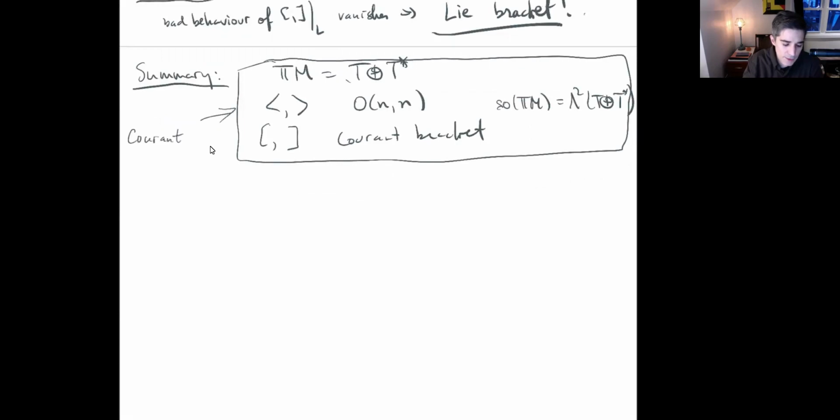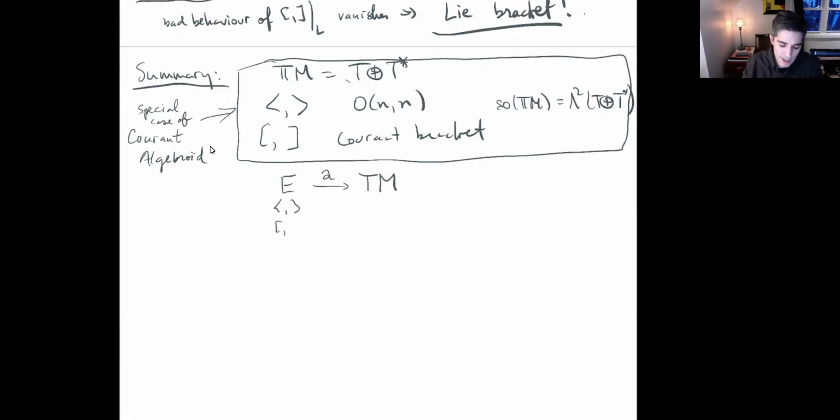It's a special case of Courant algebroid. A Courant algebroid is basically a vector bundle. It should have a map called the anchor map to the tangent bundle of the manifold. It should have an inner product.